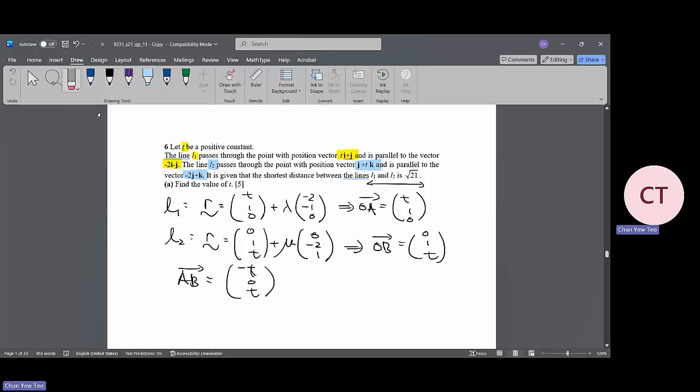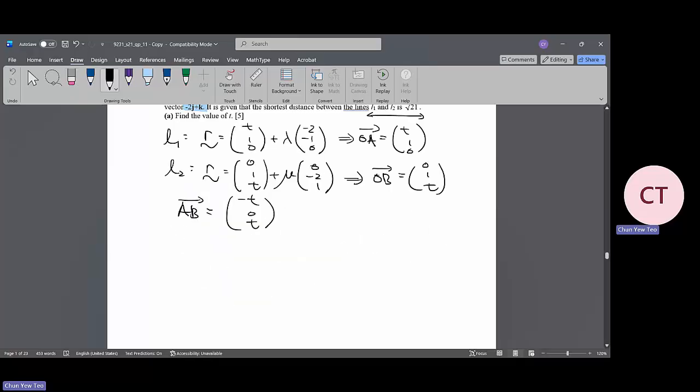Then we need to do the cross product between the directions of lines L1 and L2. Cross product: i, j, k, negative 2, negative 1, 0, 0, negative 2, 1. So you will get negative i plus 2j plus 4k.